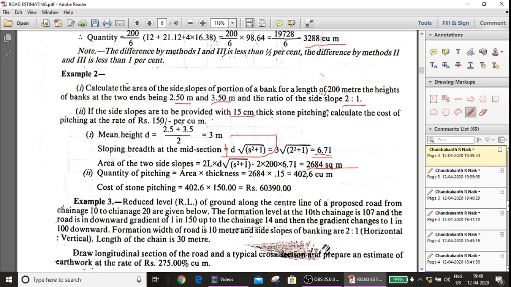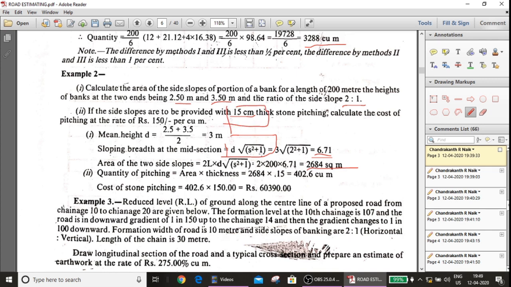Now for this area we have to find how much the cost will be, and the rate of cost is given, that is rupees 150 per cubic meter. So now the quantity of pitching: for pitching, it is area into thickness. The thickness is already mentioned.